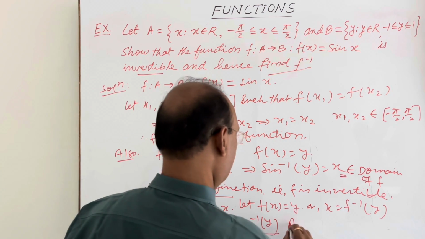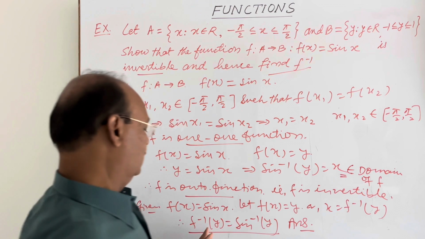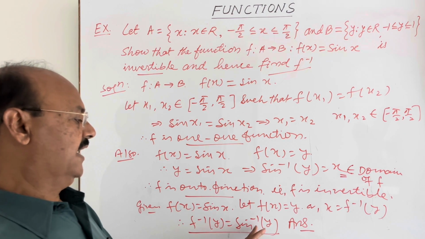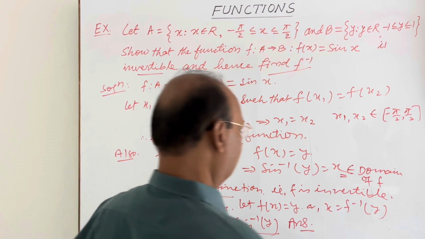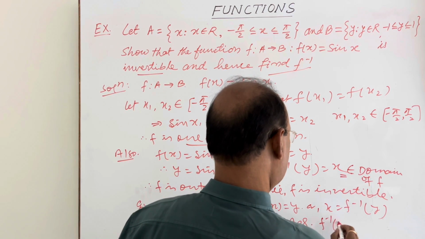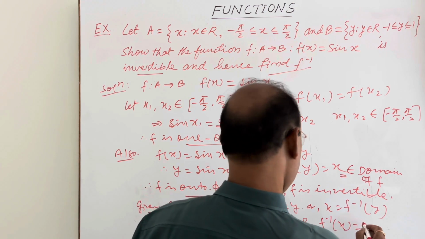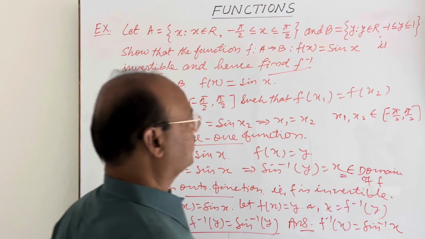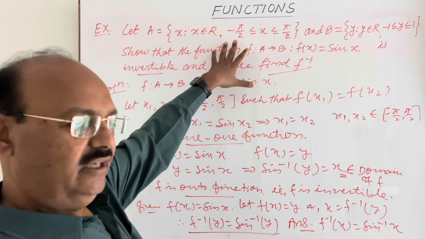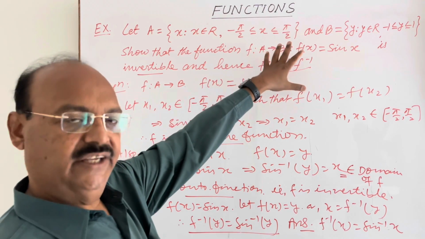So this is the answer. f inverse of y is equal to sine inverse of y. And if you want to generalize this, you can write f inverse of x is equal to sine inverse of x in the given domain and given range.